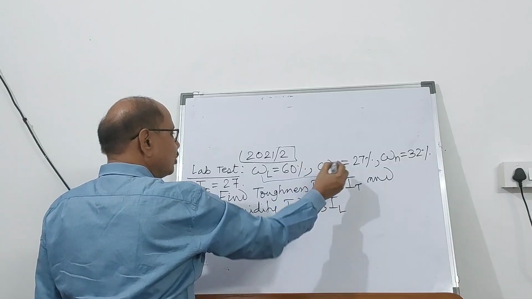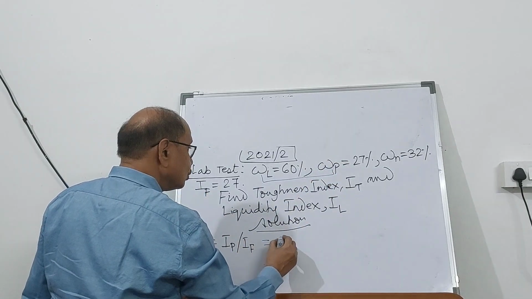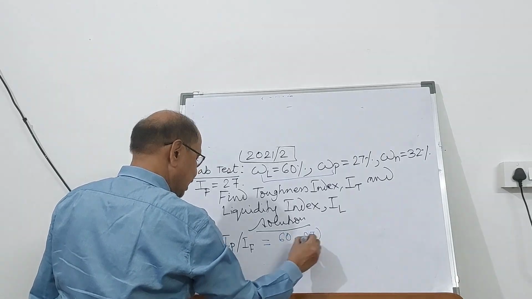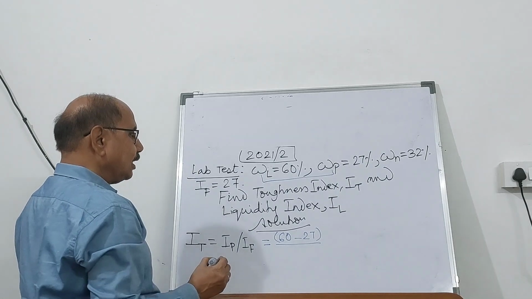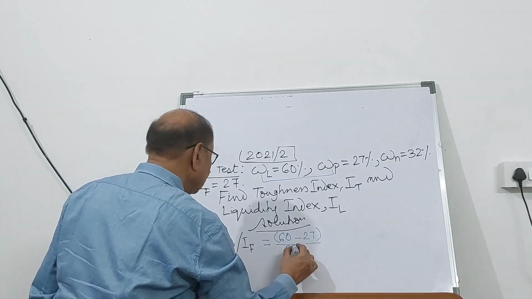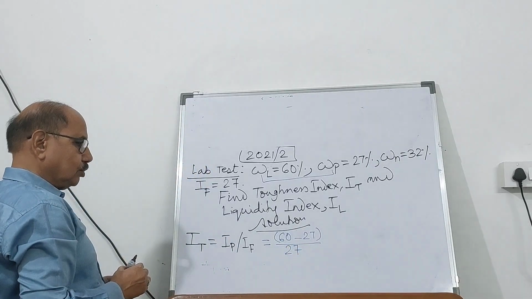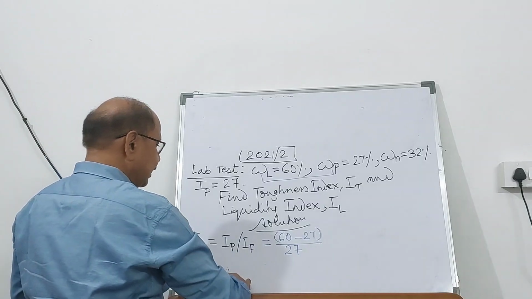Therefore, the difference of the two can give you the plasticity index. So 60 minus 27 will give you the plasticity index, and the flow index is given to you as 27. So you are going to calculate this.